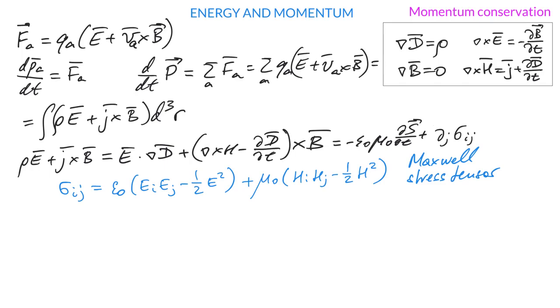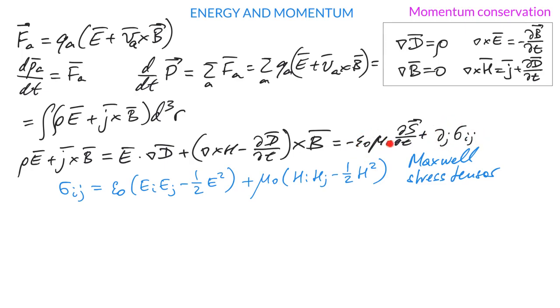So now we can interpret the terms in this momentum balance expression in the following way. The left-hand side gives us the density of the Lorentz force. So that's the rate of change of the density of particle momentum at the given point, which is balanced by the negative time derivative of something else and the divergence of a second rank tensor.